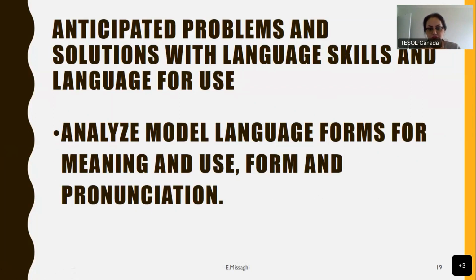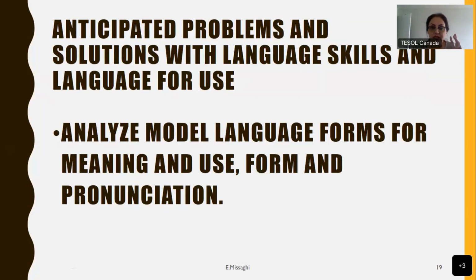Another important feature is that when you teach something to your students, meaning and use are both important. It's not only that they understand it, but the form is also important, and how to pronounce it. You want to teach them Spanish? So you teach them what to say in greeting. Or you want to teach them Turkish? What can you say in greetings?